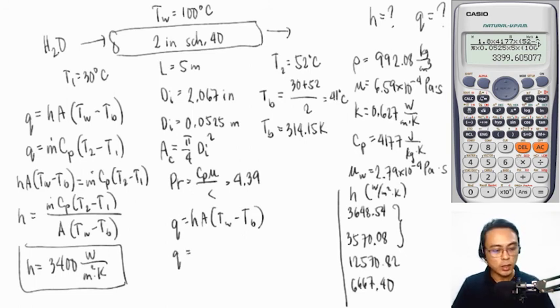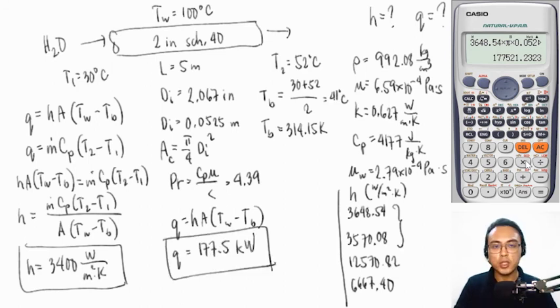That is 3,648.54 times area, that is pi dl, pi times 0.0525 times 5, times the driving force, wall temperature 100 degrees Celsius minus the bulk temperature 41 degrees Celsius. Our total rate of heat transfer is 177.5 kilowatts. That is how we solve problems involving forced convection.